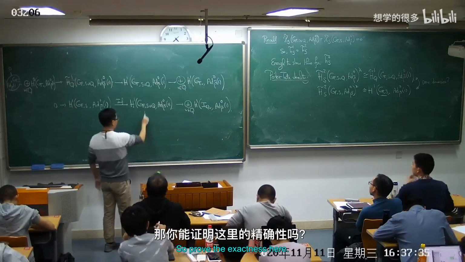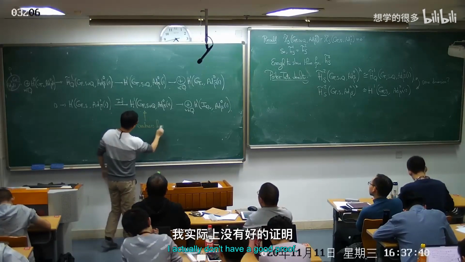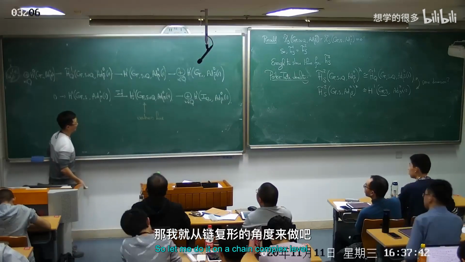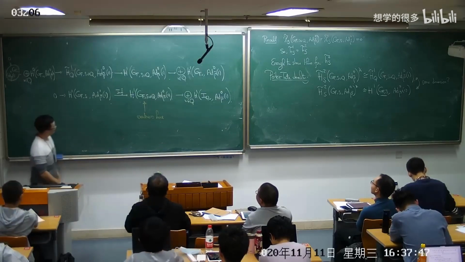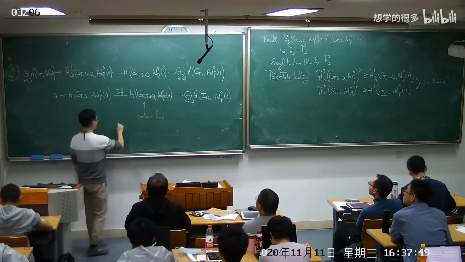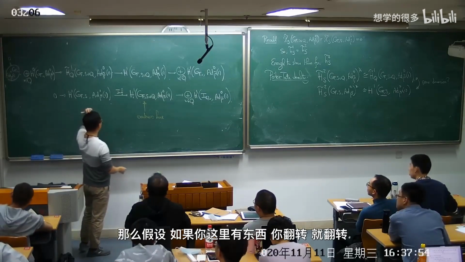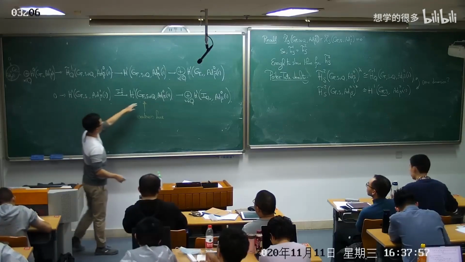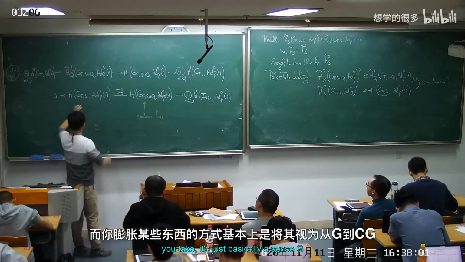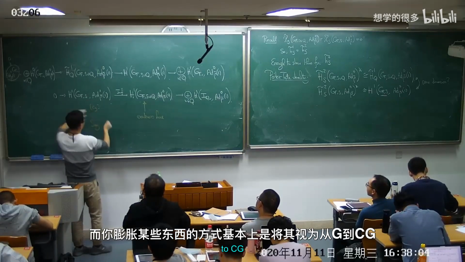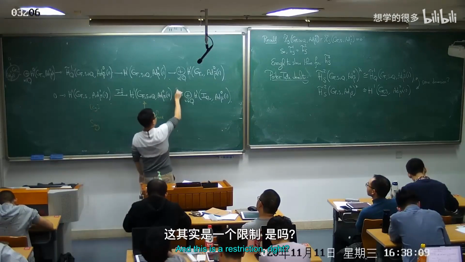So, prove the exactness here. I actually don't have a good proof, so let me do it on a chain complex level. Sorry, I don't have a good proof. So basically, if you have something in here, you inflate, and the way you inflate is basically you send the cocycle C to C composed with the projection down here, and this is a restriction.